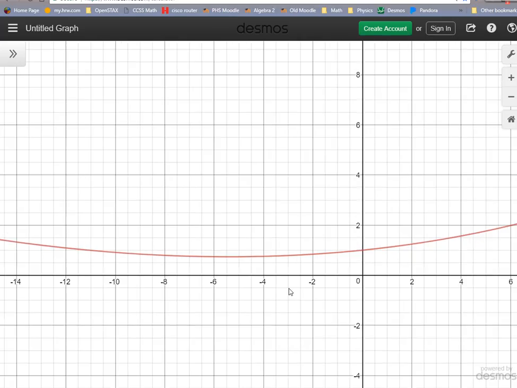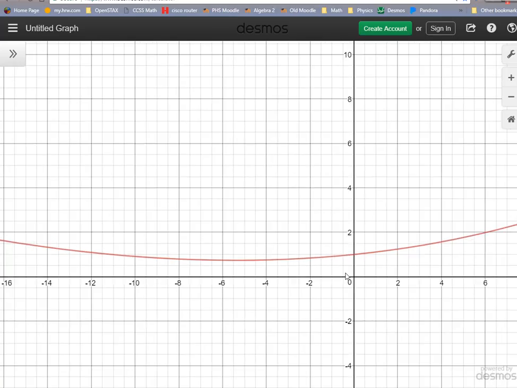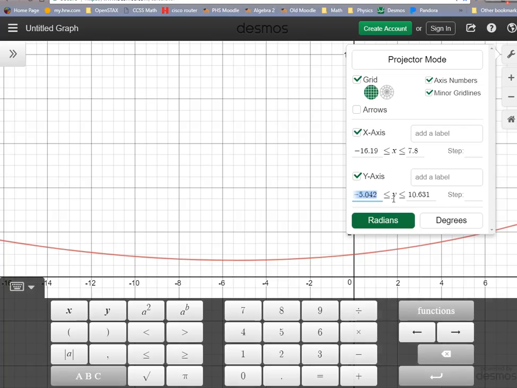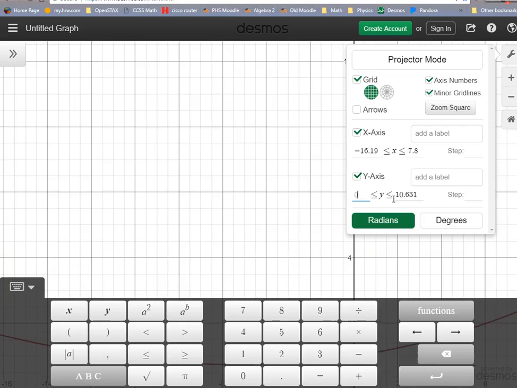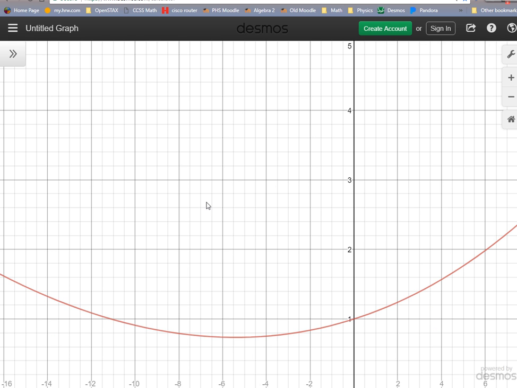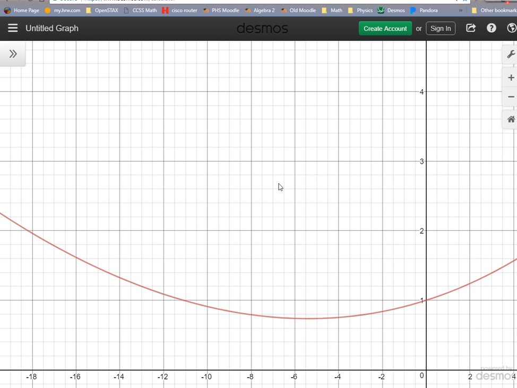Starts to look quadratic, doesn't it? Especially if I tweak one of these axes just a little bit.